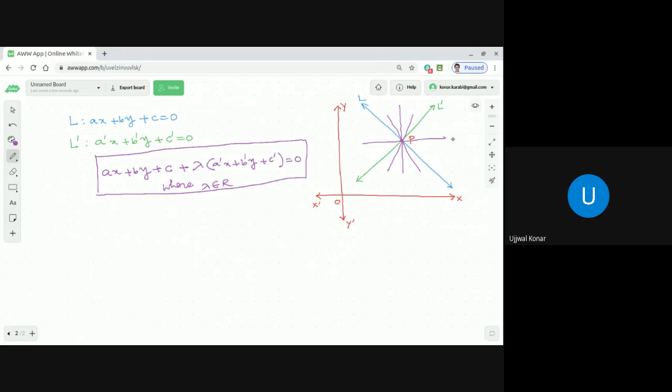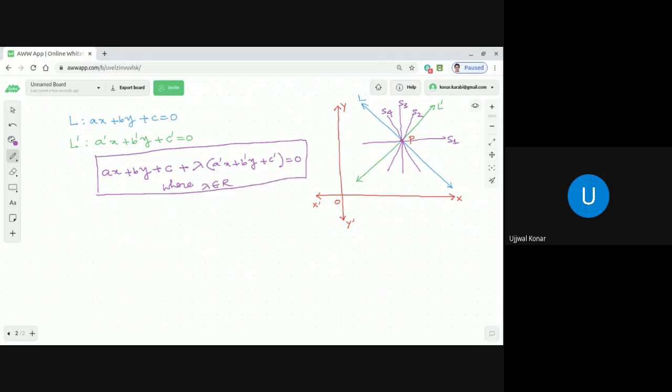And suppose we say this is straight line S1, this is straight line S2, this is straight line S3, this is straight line S4, and in that way there are different straight lines. So as we vary lambda, we get different straight lines.